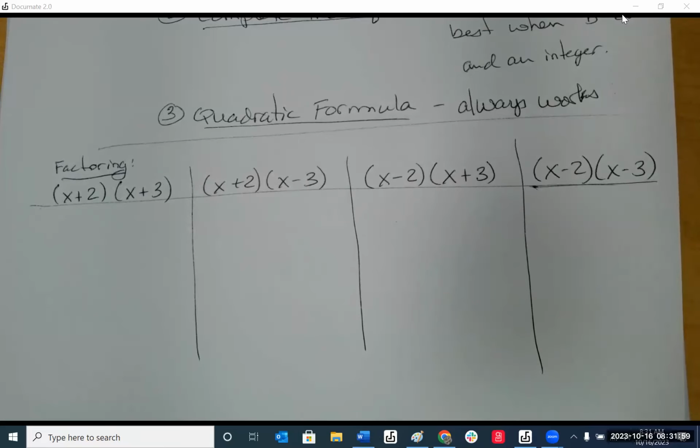That's called factoring. I'm going to start on the next page because I'm going to give you the steps as well. So we'll start off with the first one. We're going to work backwards.